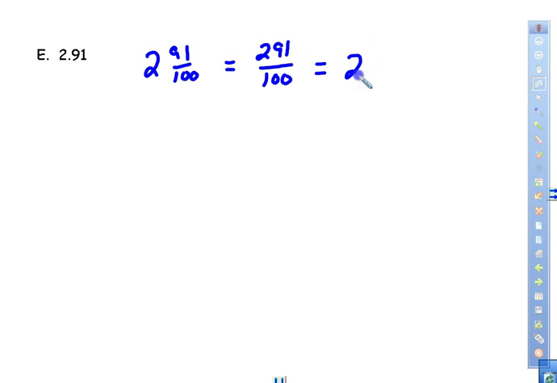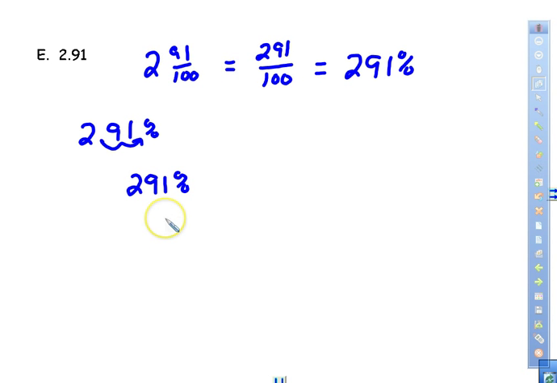So 291 over 100 is 291. Another possible way is taking my 2 and 91/100ths. I'm adding the percent sign, so I'm going to go towards that percent sign and simply put a percent on it by moving the decimal to the end, which happened to be at the end. We're moving it again 2 times. There could be more numbers behind this, so be very careful with that. Ends up being 291%.